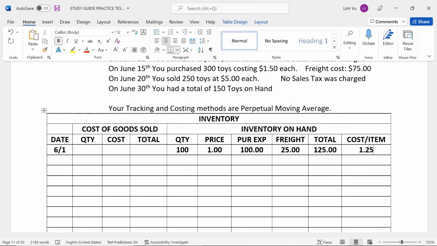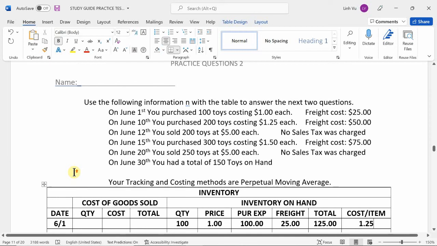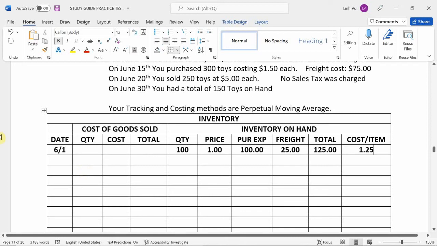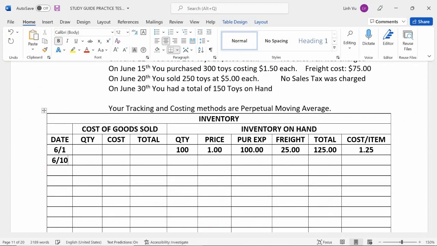Assuming this is the only batch of inventory, my average cost is $1.25. Okay. So then June 10 rolls around and we purchase 200 units at $1.25 with a freight of 50.